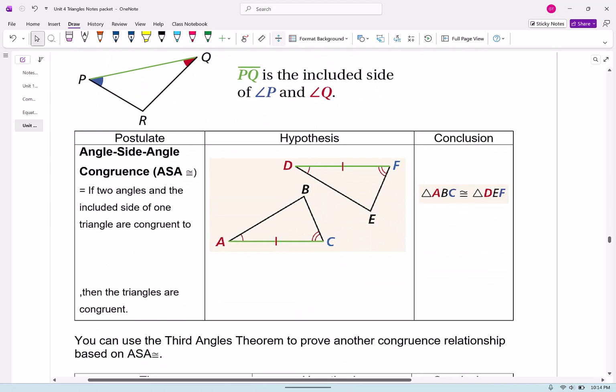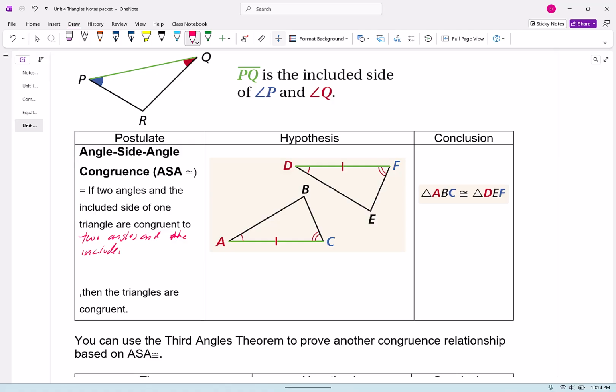And so now we have another postulate, angle, side, angle. So if 2 angles and the included side of one triangle are congruent to 2 angles and the included side of another triangle, then the triangles are congruent.